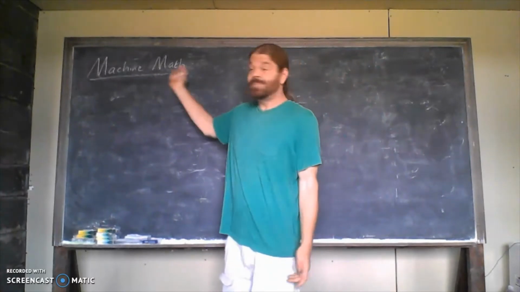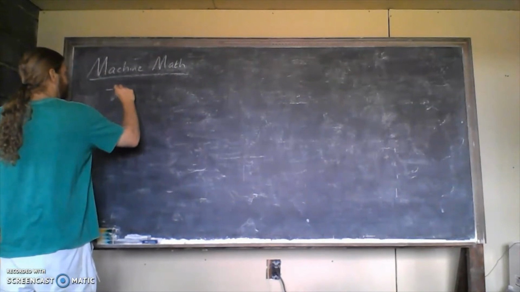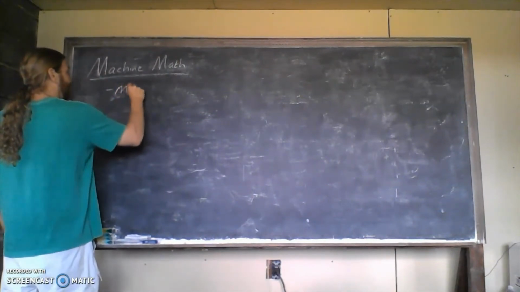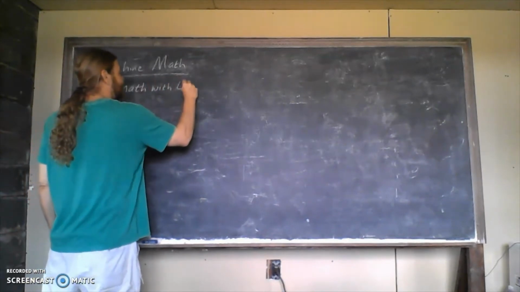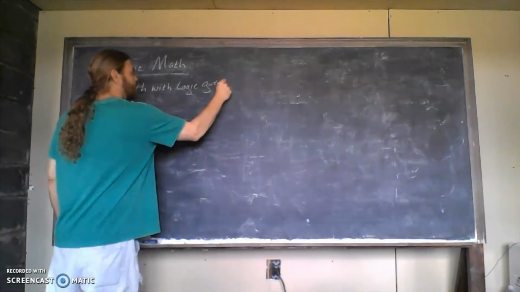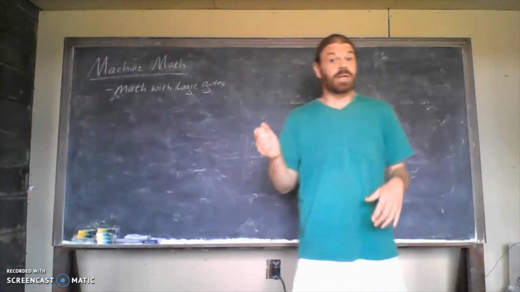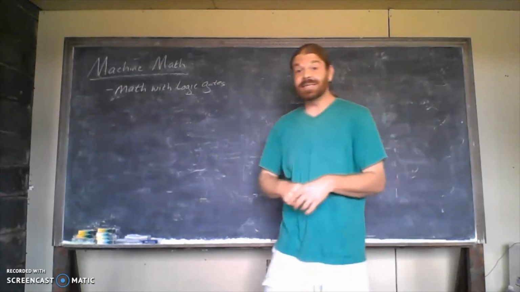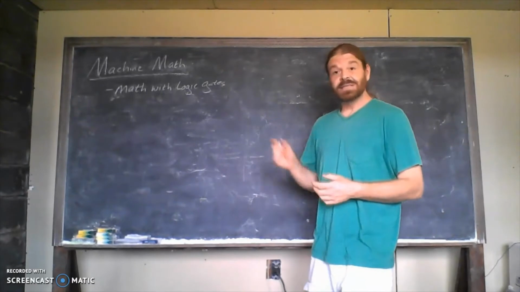So in particular, machine math, we want to do math with logic gates. How do we put logic gates together in such an order that they will do math? So that's our topic for today. So let's get started into that.